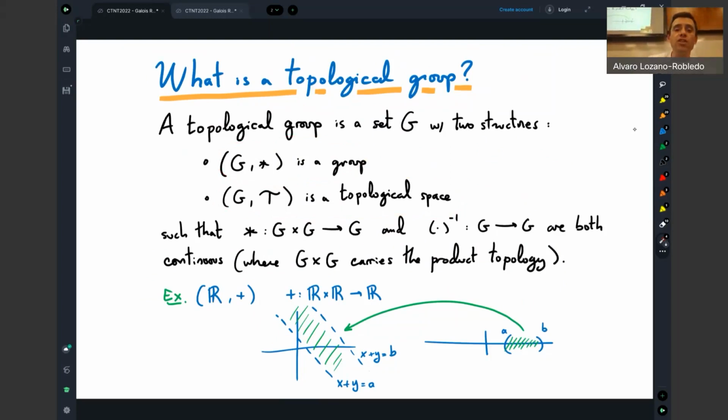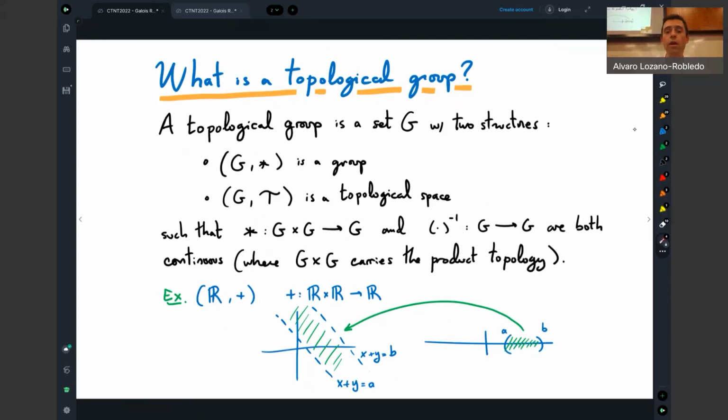So if the operation is a star, we want the operation to be a continuous map. Here, G times G, if G is a topological group, you put the product topology on this G times G, and this map should be continuous. And inversion, meaning the inverse with respect to a star, the map that sends an element g to its inverse, should also be a continuous map.